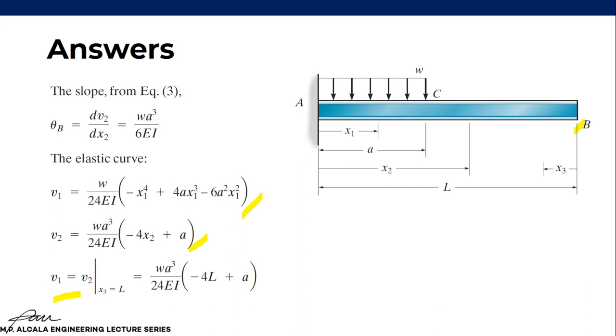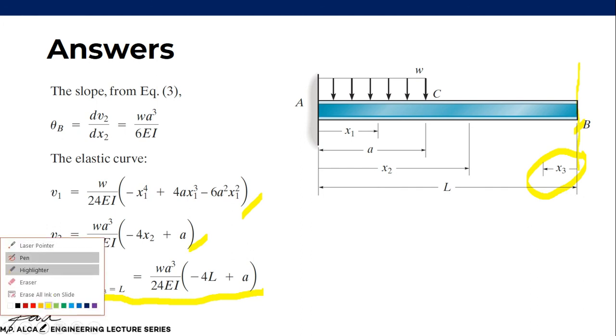Now, let us look at this. What is this final term? V1 and V2 are equivalent if you look at X sub 3 to the L. That's why you have a value here. So if you look at this term, let me highlight, let's use a pen.